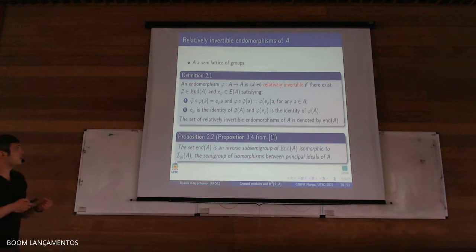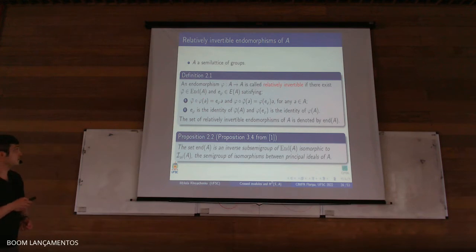Now, if you want to extend it to the non-commutative case, you will need something more, which has more properties, some stronger notion of an endomorphism. It's called relatively invertible.